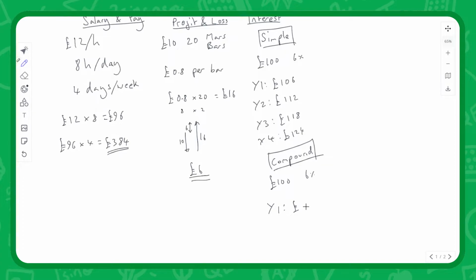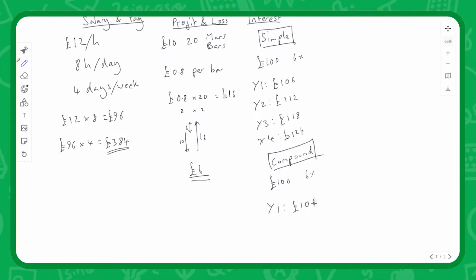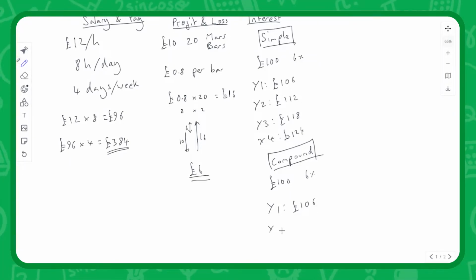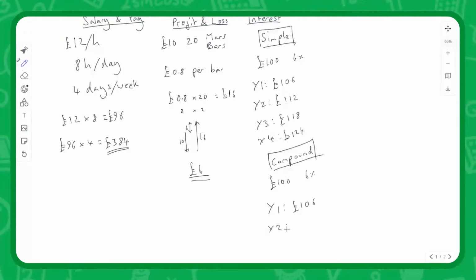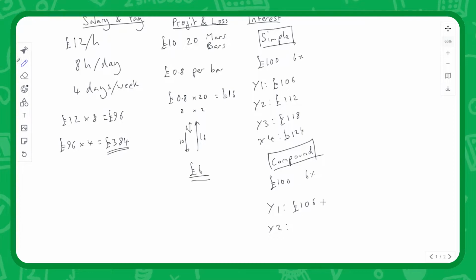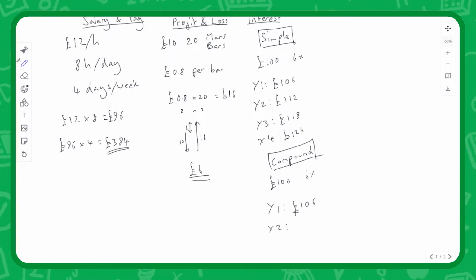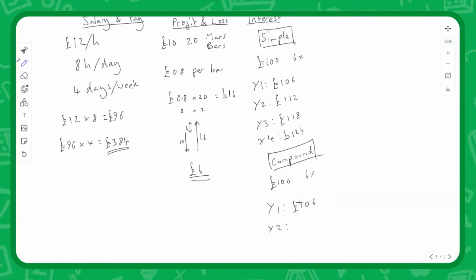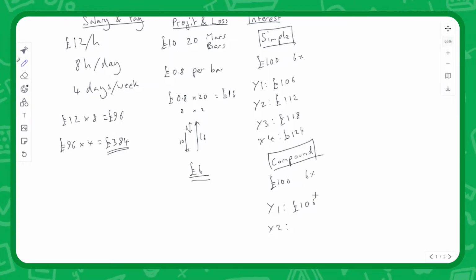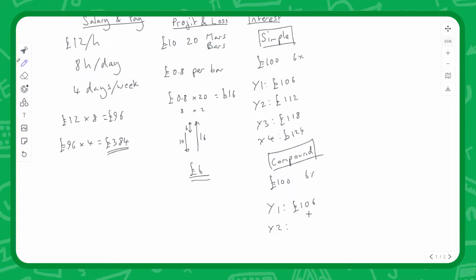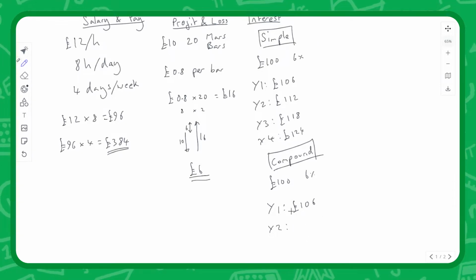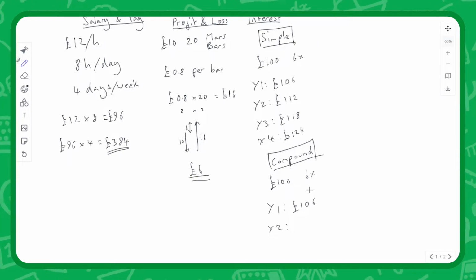So in this case, it's going to be £106. Where the two types of interest diverge is in the second year, right? In the second year, we look at what we have at the start of that second year. This is kind of what we have at midnight on December 31st, or midnight at the very start of January 1st. We take this initial amount and we work out 6% of that.